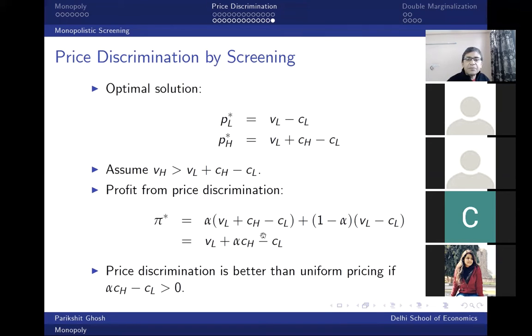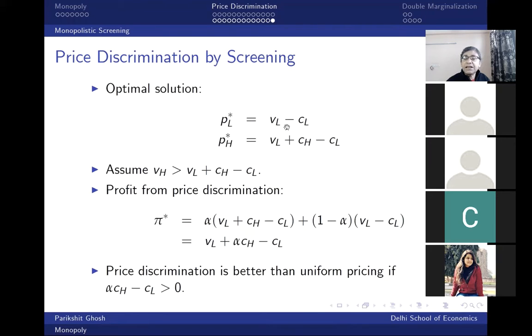Alpha high enough means what? It means there are enough high value customers out there. What this screening method does is allow the seller to identify the high value customers and charge more from them, more than VL. They lose some money on the low value customers because they have placed some burden on them, which has reduced the value of the product to the low value customers. Previously, they were paying VL.